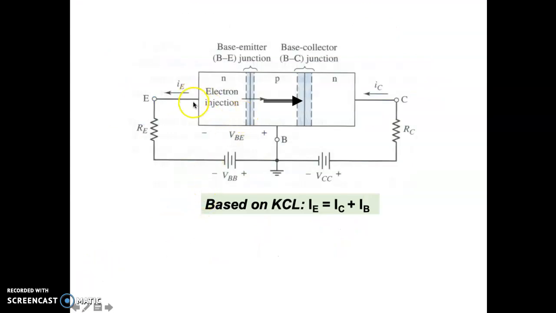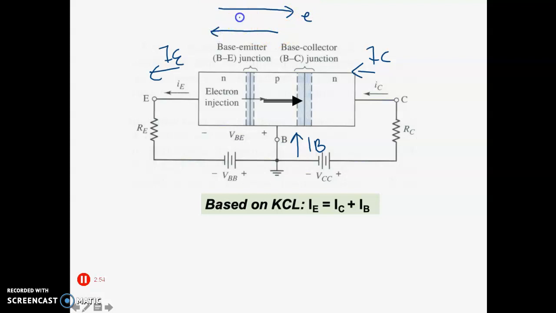Now let's continue on the second equation. The first equation just now is your IE. The second equation is your KCL equation. Based on the figure shown here, we have an NPN, so you imagine this is like a junction. What is the current entering the junction? It is your IC and your IB. What is the current leaving the junction? It is your IE. Remember, if your electron movement is towards your right, your current will be in the opposite direction.